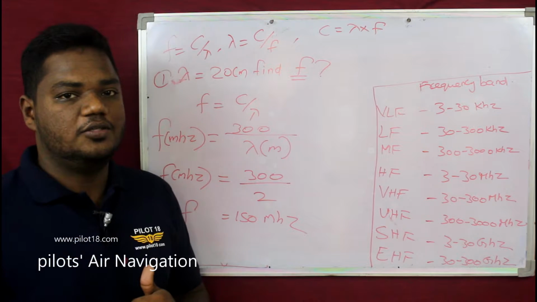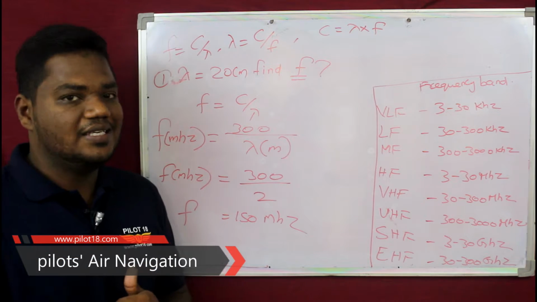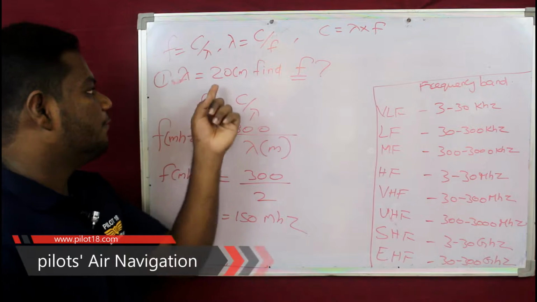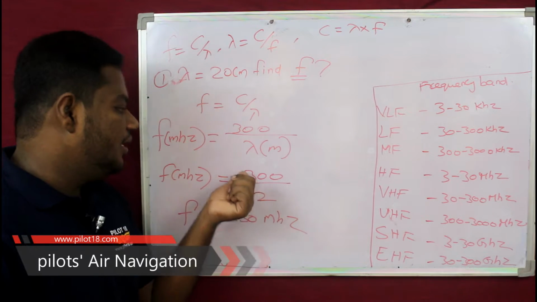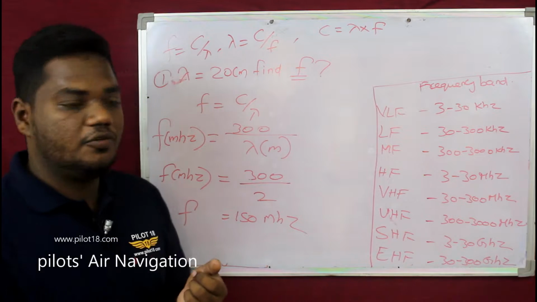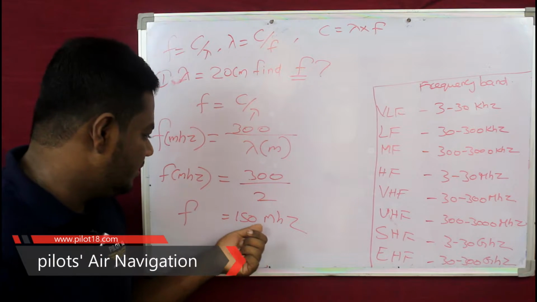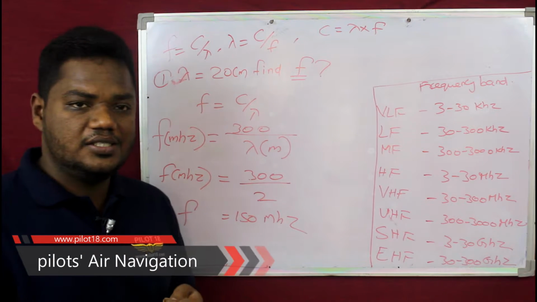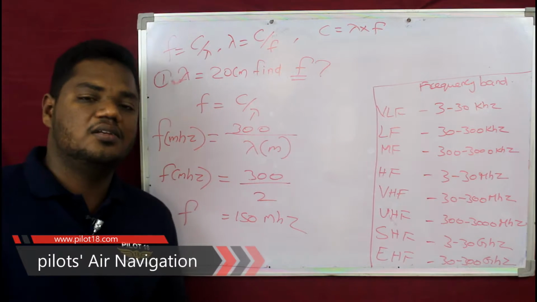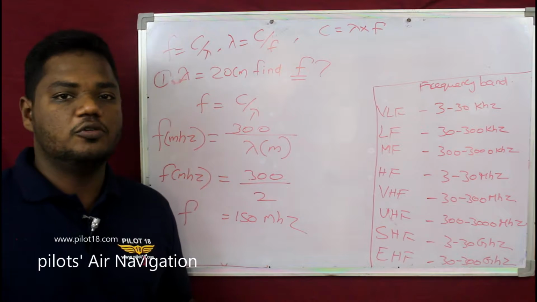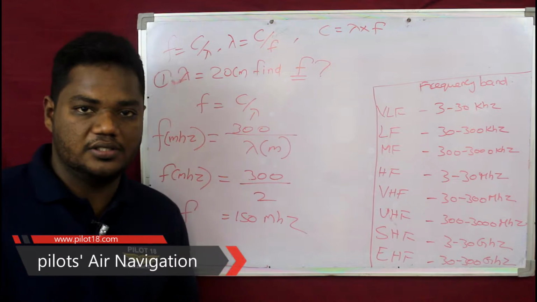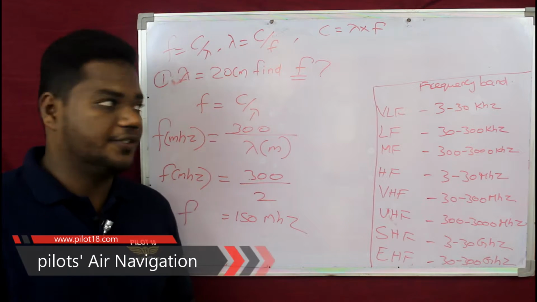When you convert meter to centimeter you multiply, and centimeter to meter you divide. 20 divided by 100 is 0.2, and 300 divided by 0.2 is 1500 megahertz. If they give an option in megahertz, you're fine. If not, look for it in gigahertz or kilohertz. Just easy multiplication and division.